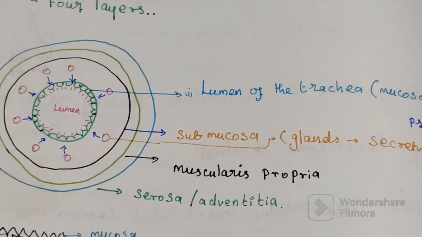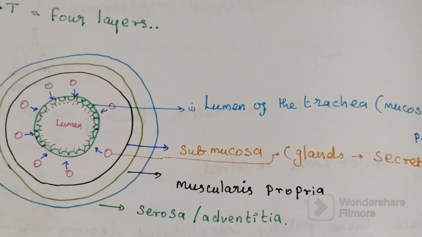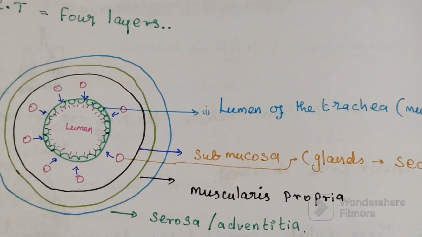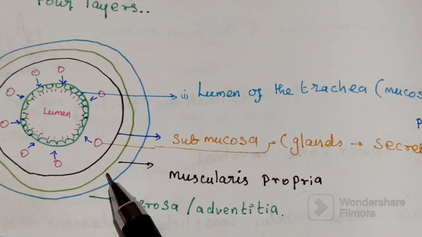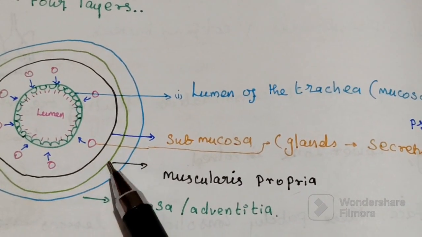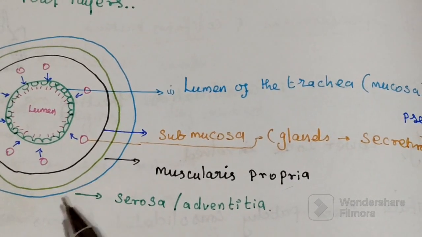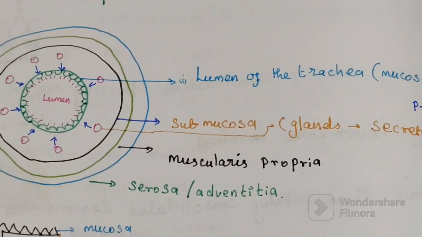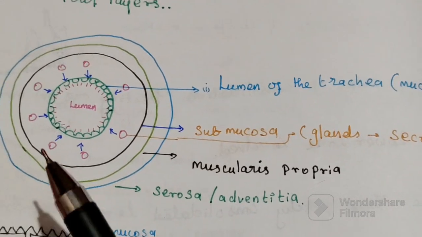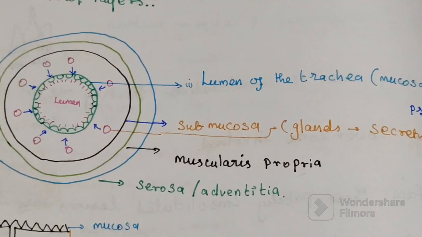Coming to the third layer, it is called the muscularis propria. Then the outermost layer is called the serosa.